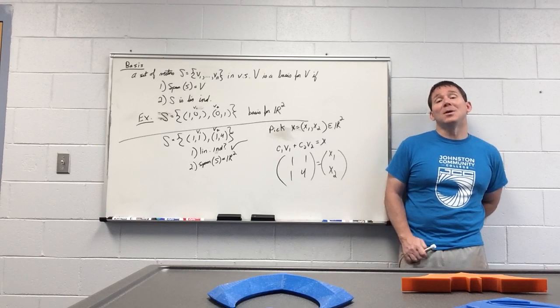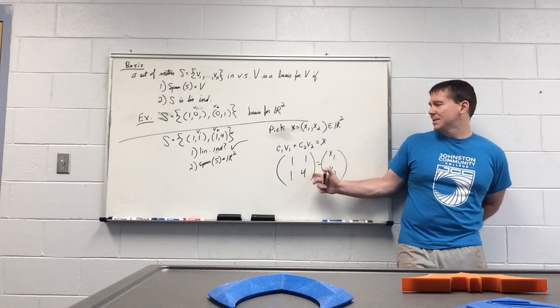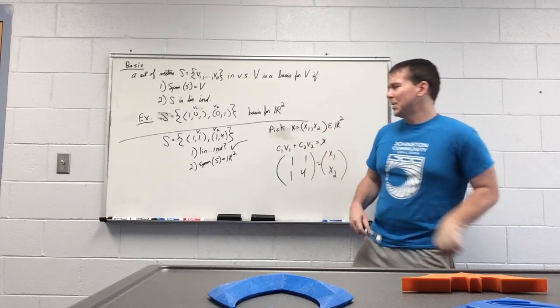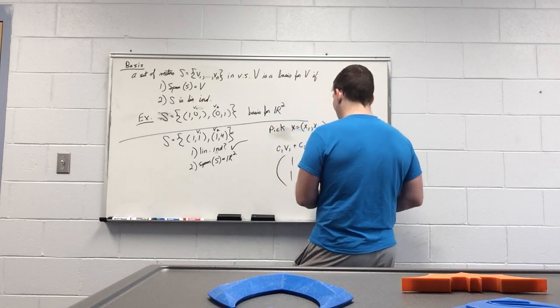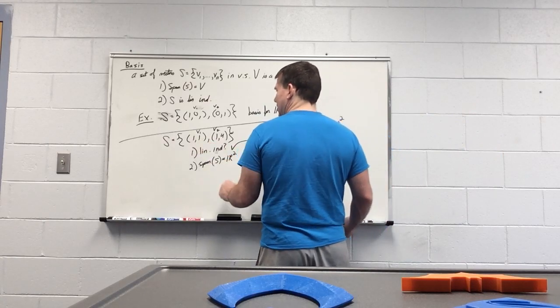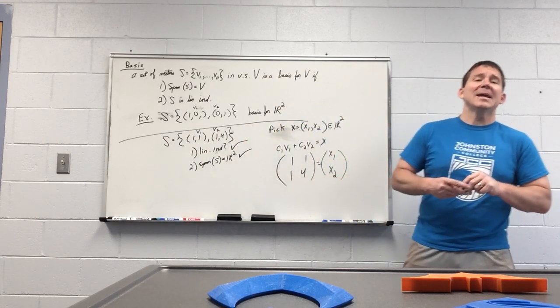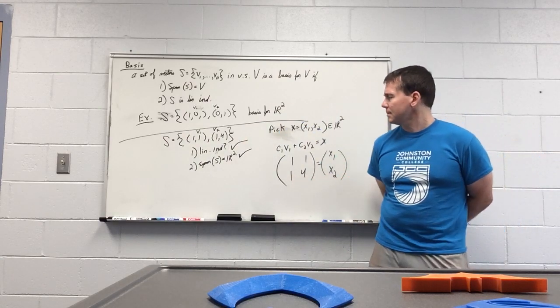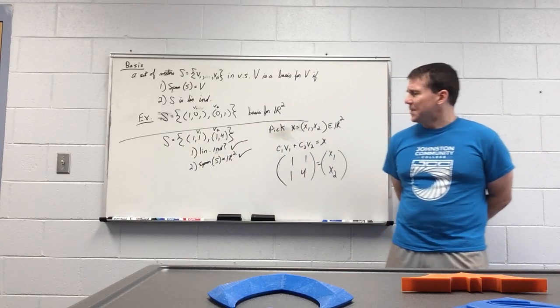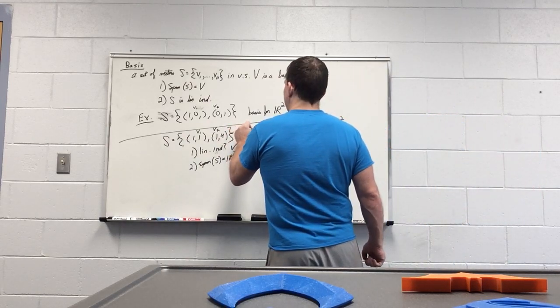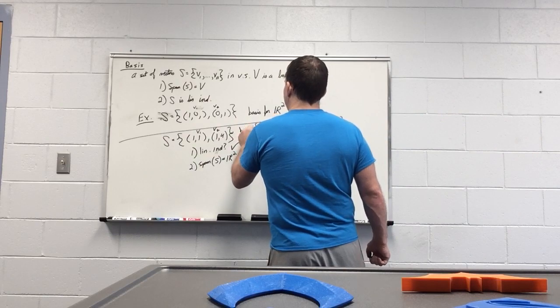This is going to have one unique solution, which means I'll have values that I can plug in here, so I'll definitely be able to write x1, x2 in terms of v1 and v2. So that will definitely span R2, which means that this S is also a basis for R2.